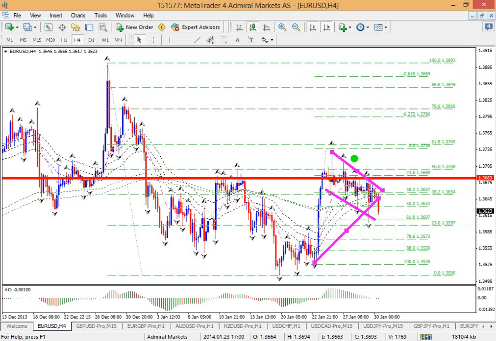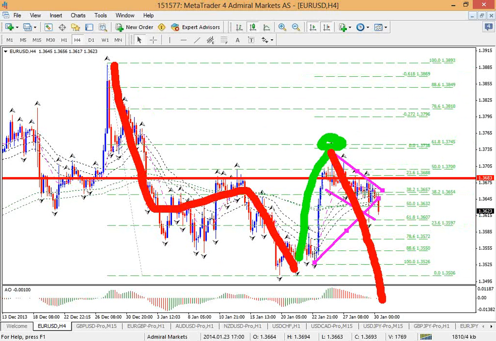Of course, there's always a chance that we stopped at this 618 fib of this down move, and therefore this is a pullback for more downside. That's always possible. Right? We never know.